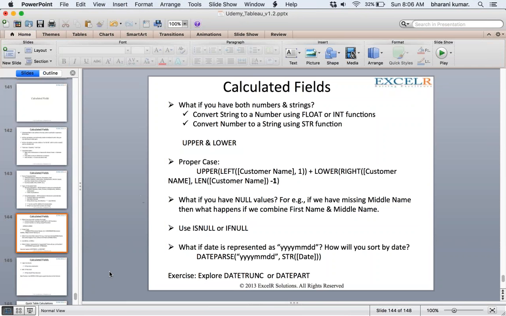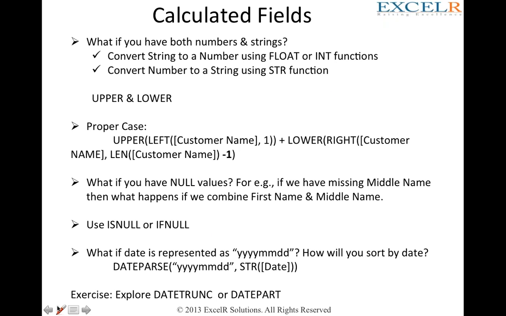And what if you have null values? For example, if you're trying to combine names using first name and middle name, say the surname for a few customers is not provided, and I'm trying to combine first name and middle name using the plus sign.